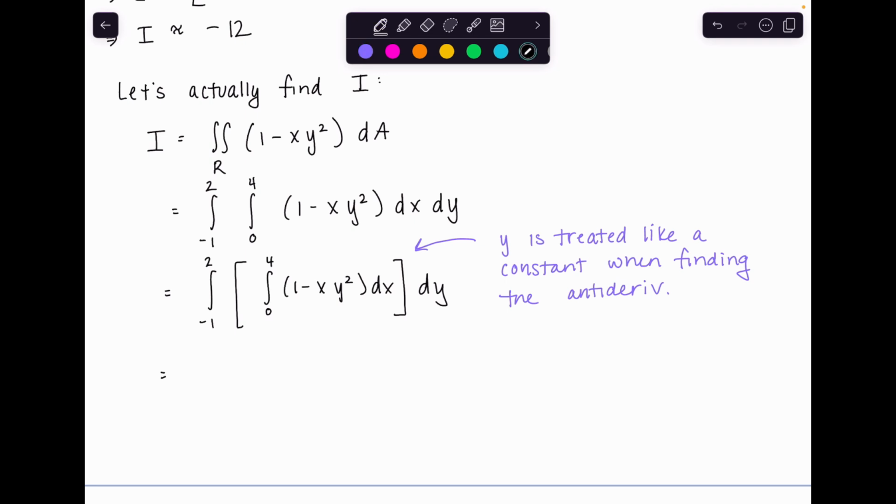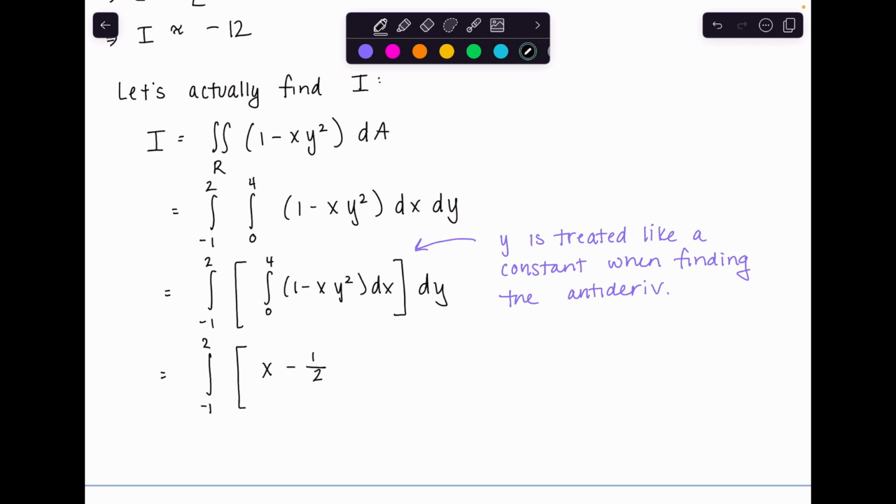So for this, again, I'm going to put these markers. If I were to integrate this with respect to x, this first one, the antiderivative, is x. The antiderivative of x would be x squared over 2. So you bump that power up by 1, divide by the new power.